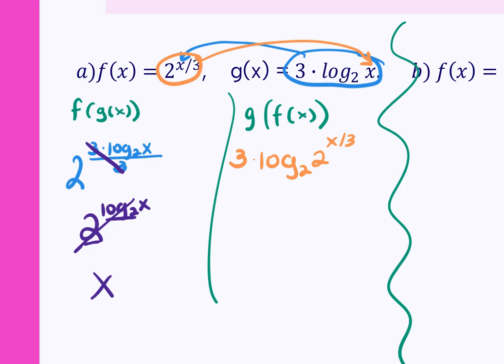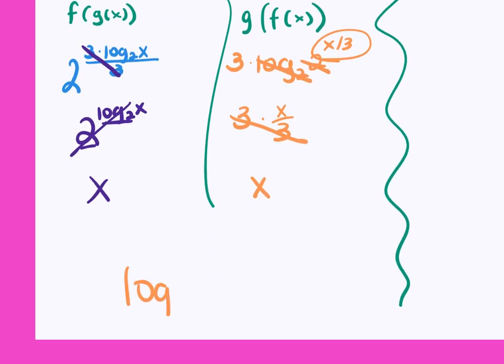The log base 2 of 2 cancels and leaves you with the exponent. So this becomes 3 times x over 3. And then the 3's cancel, and I just get x. It's not an exponent anymore? No, as soon as you do, so log base anything, so a to the a, whatever's on the exponent here becomes your entire statement. The rest of it's gone.